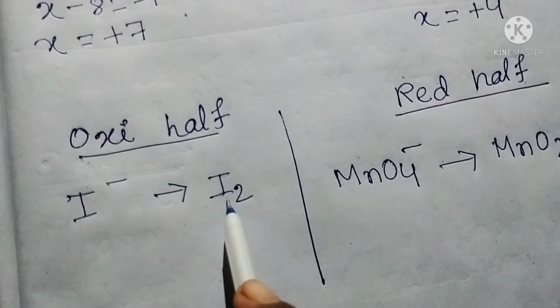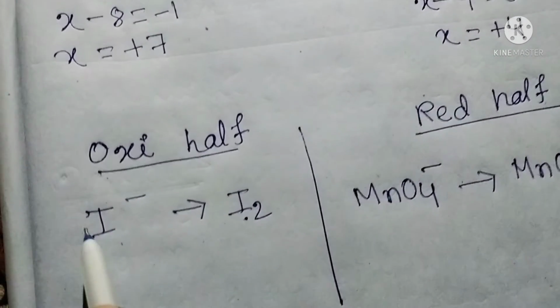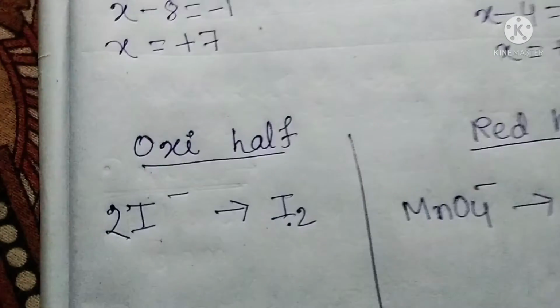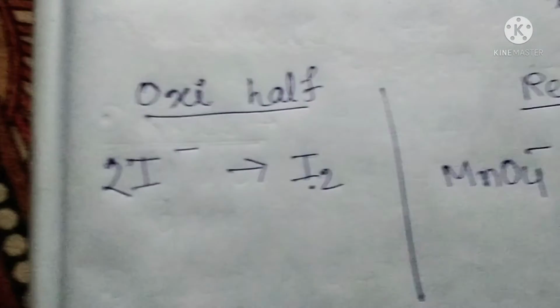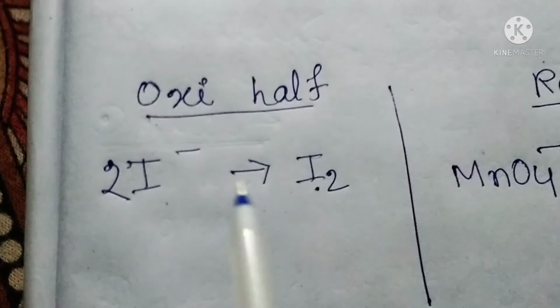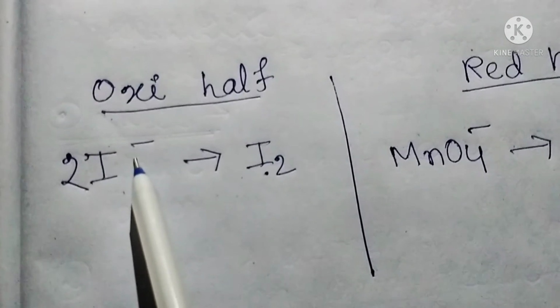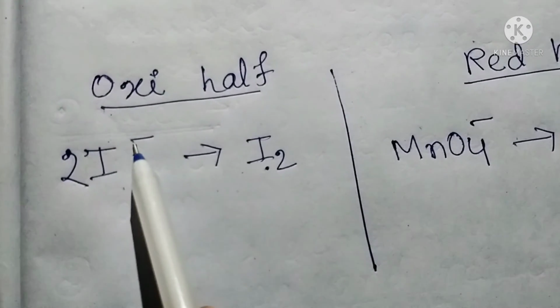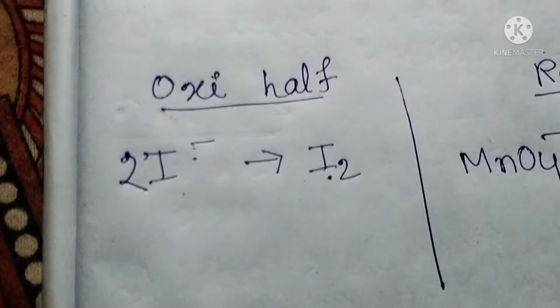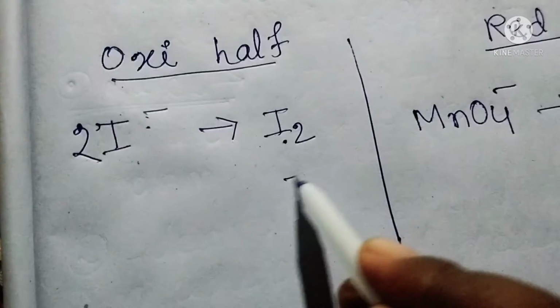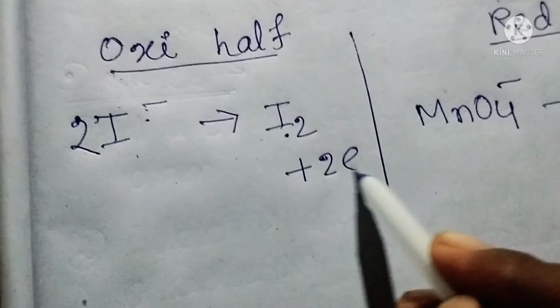There are 2 iodine present, here 1, so add 2 here. In this position we added 2. So here no oxygen and no hydrogen, so balance the charge. Here 2 minus, here no minus is present, so we add here 2 electrons.